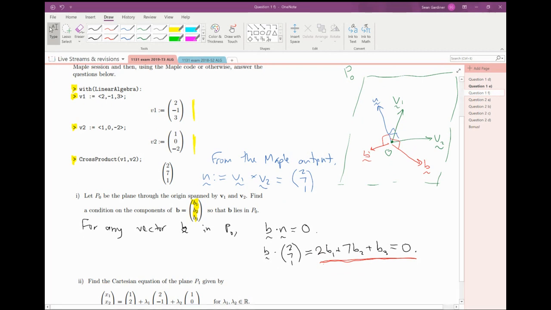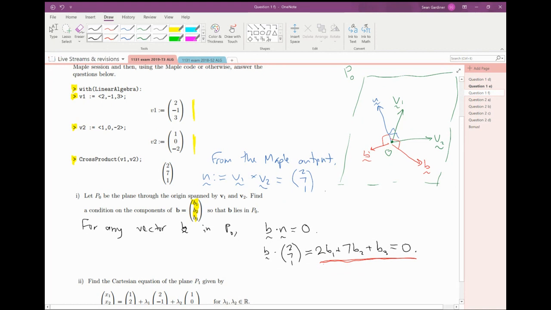Yes, I agree. Maybe another thing worth pointing out is that you might recognize this diagram as the way that we derive the point normal form for a plane in general. So you might have preferred to use that, right?